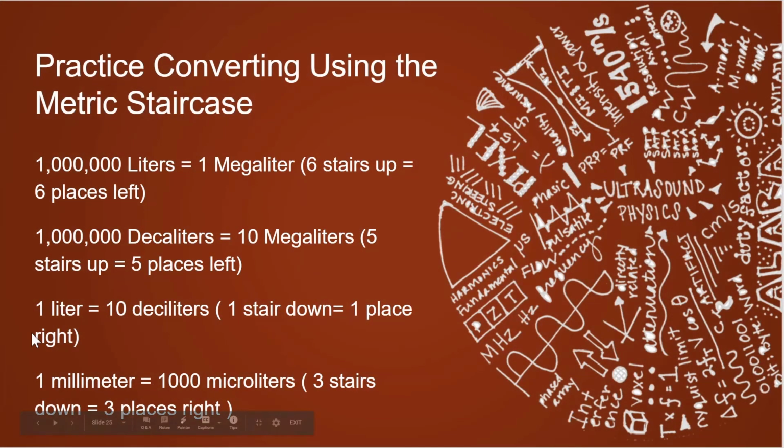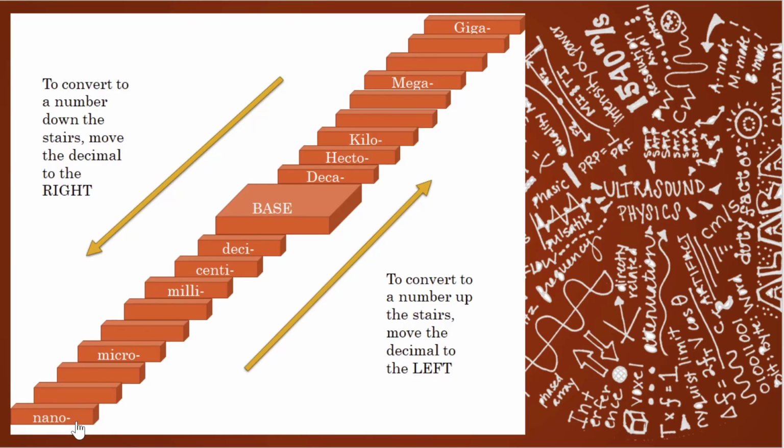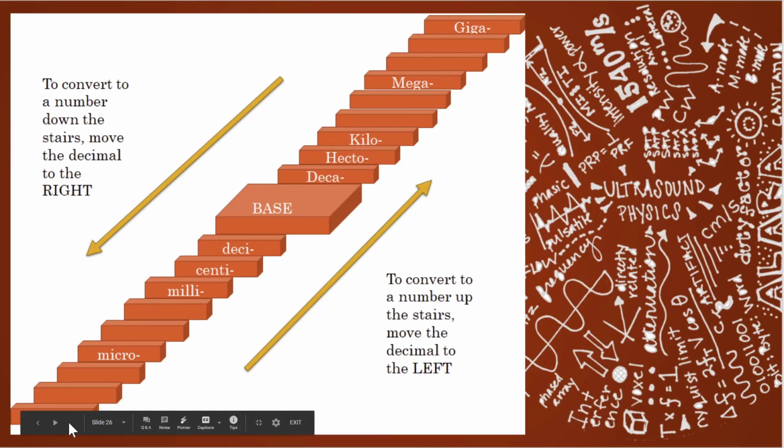But I think for a lot of us, we need that visual representation of how to convert up and down the metric units. So again, this staircase is in your workbook. This is one thing that I would memorize so you can do it right off the top of your head. If you're taking a test, jot it down. It'll be helpful for you for changing over.